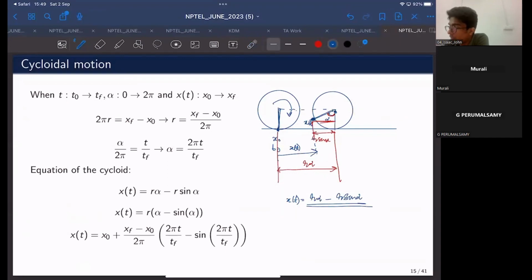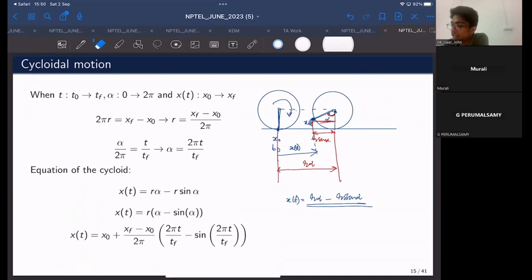Okay, so we do some basic manipulation. For a full rotation, corresponding to 2 pi r, the distance traversed by the point would be xf minus x0, where x0 is the initial point and xf is the final point.